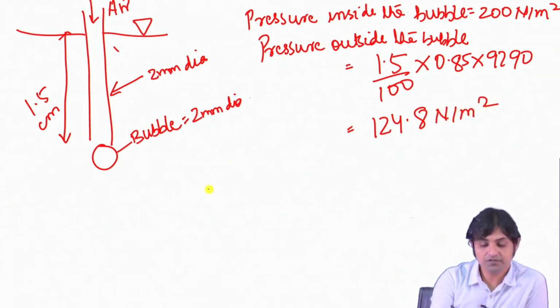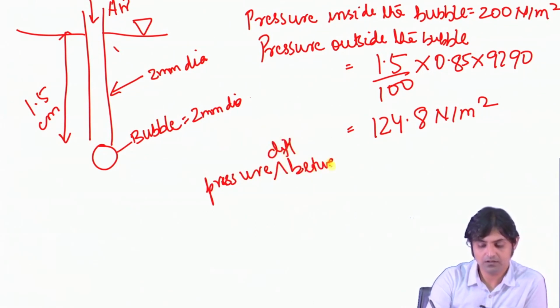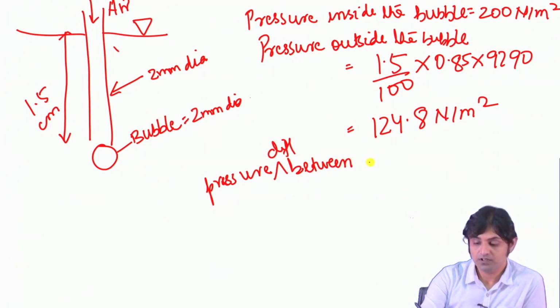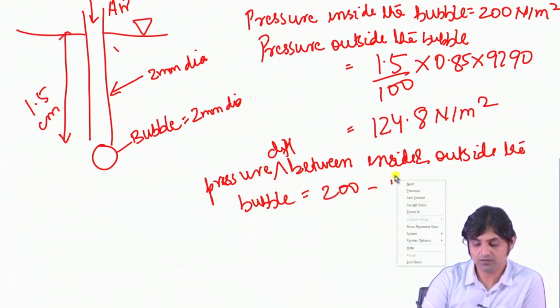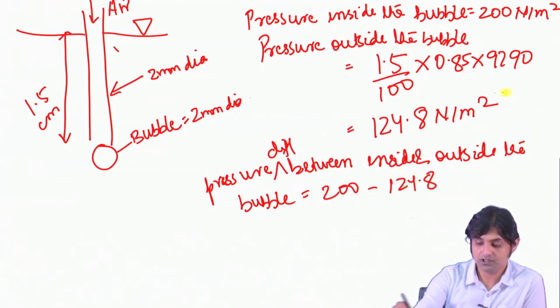So what is the pressure difference now between inside and outside the bubble? It is 200 minus 124.8.